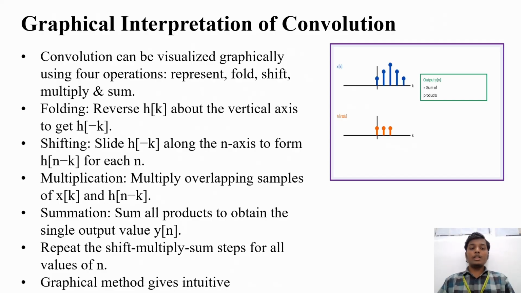Shifting means slide h[minus k] along the n-axis to form h[n minus k] for each n. Multiplication means multiply overlapping samples of x[k] and h[n minus k]. Summation means sum all products to obtain the single output value y[n]. Repeat the shift, multiply and sum steps for all values of n.